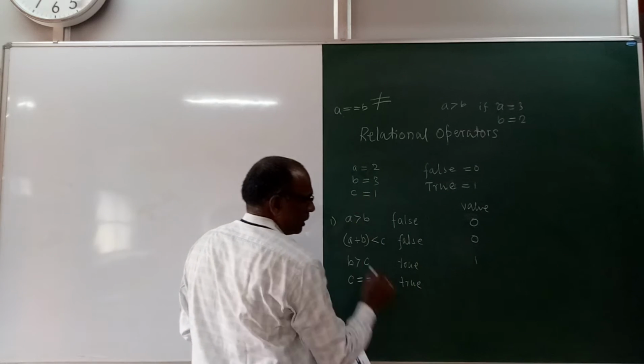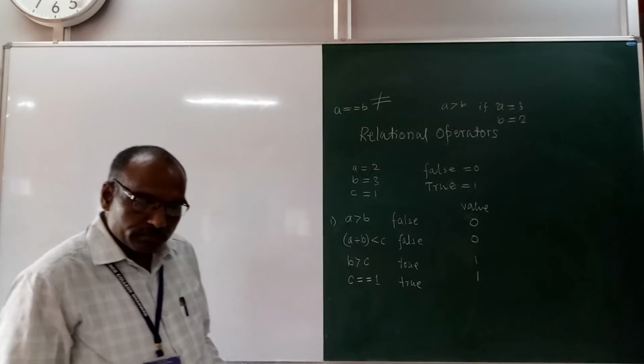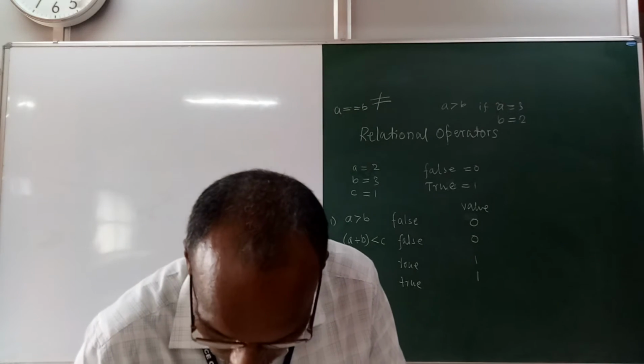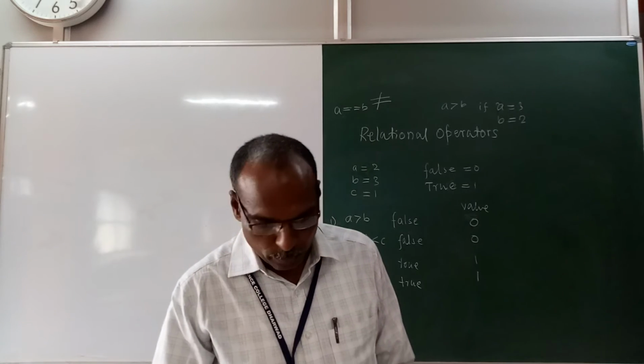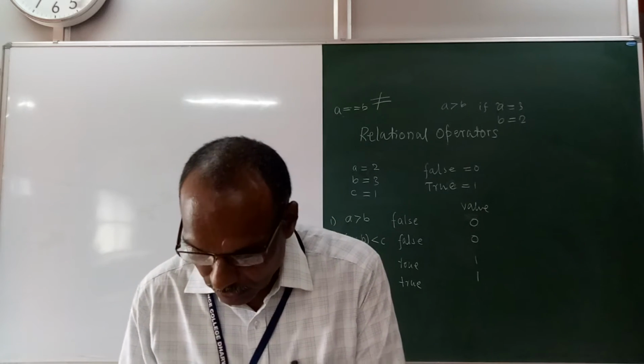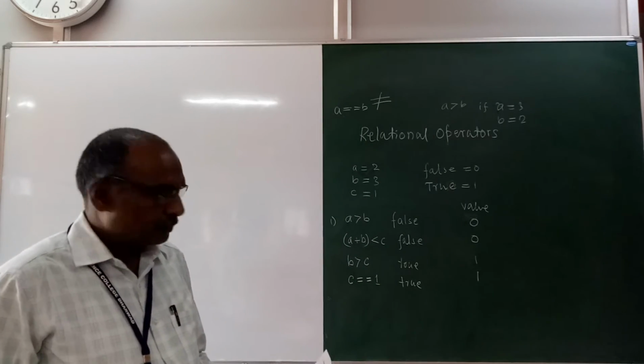Here it is C is equal to 1 and the value is 1. So this gives us an idea about what are called relational operators. Fine. There you can write some programs also.